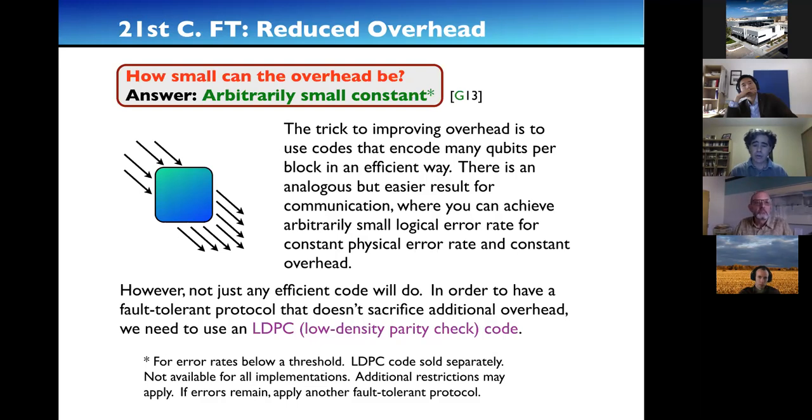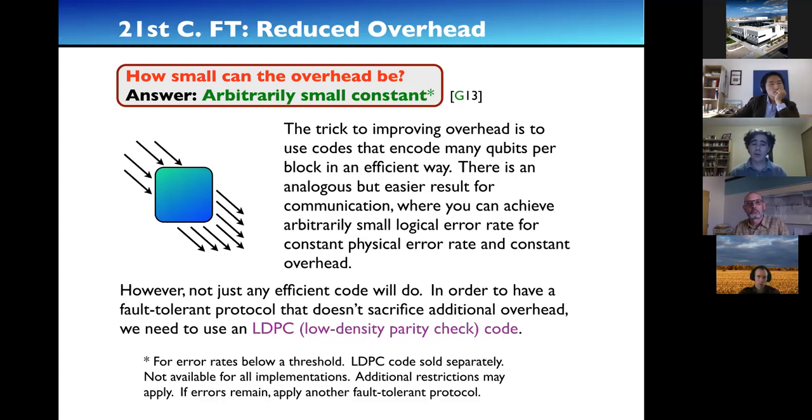Now, in order to make this work, you need to use some more efficient quantum error correcting codes. The surface codes are just not very efficient codes. And in the context of communication, where we introduced error correction, it's known how to do this, right?